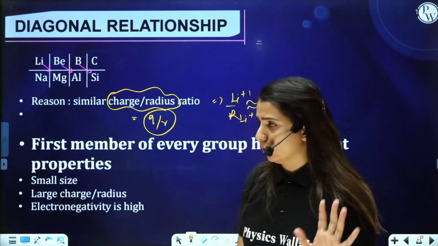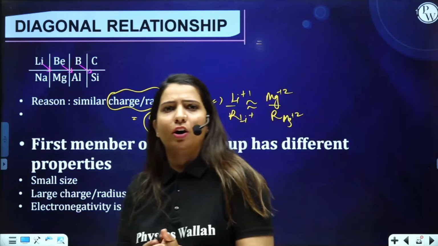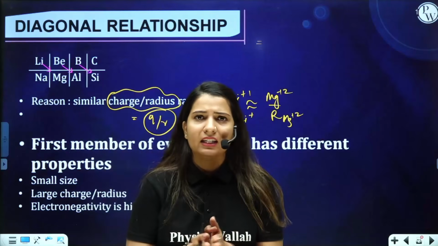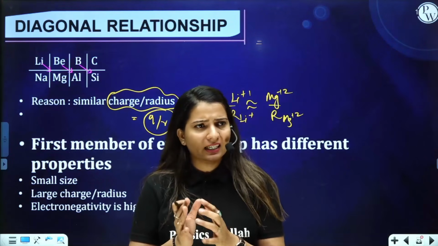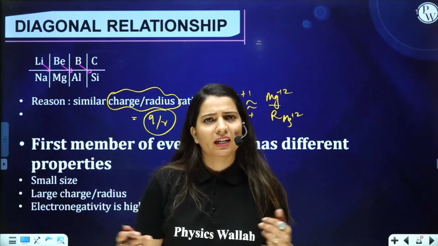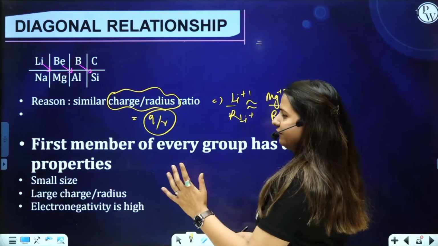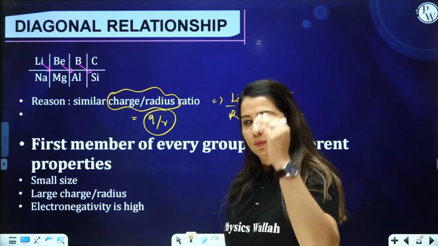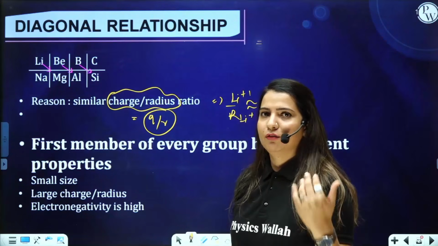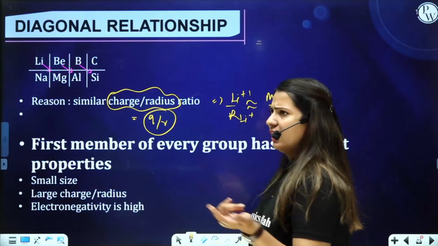That's it. Okay, first member of every group. When you study the chapter p block elements, and even s block elements, you always study the statement that the first element has very different properties from the other elements. Why so? Now the reasons. It will have the smaller size, because top to bottom size increases, so the first element will have a small size. Next, large charge by radius ratio.